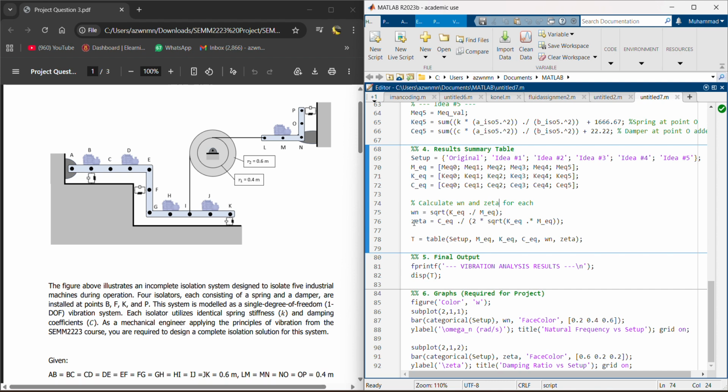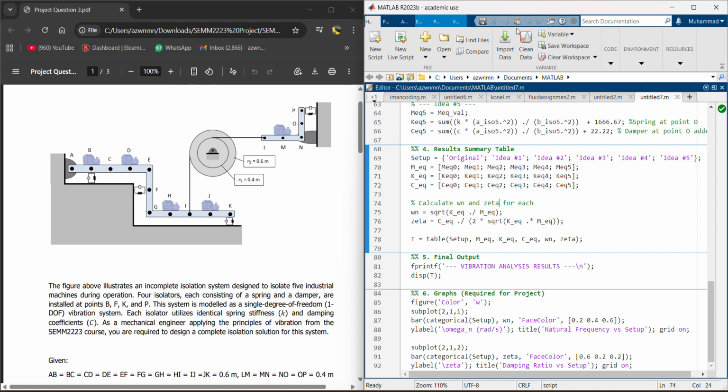For the damping ratio, we use the formula C over 2 square root of km. And then this is the final output, and this is the graph that shows damping ratio versus setup and natural frequency versus setup.